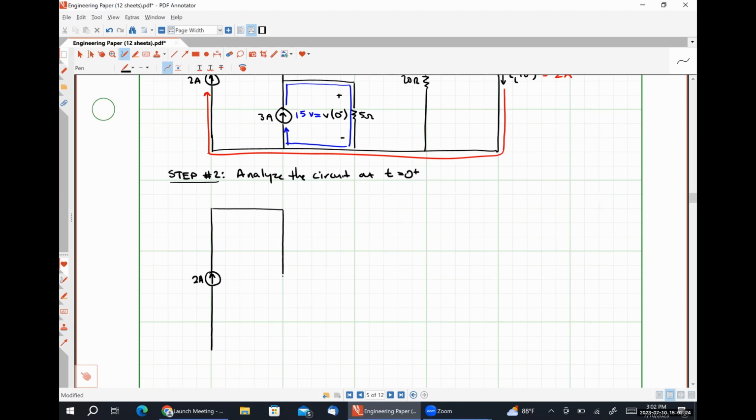So our switch is closed. Here is our 5 ohm resistor. This is V at 0 plus.